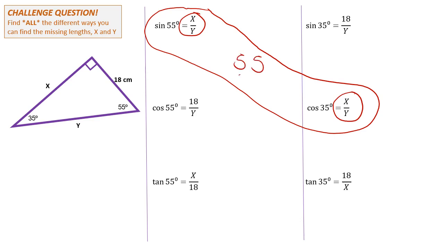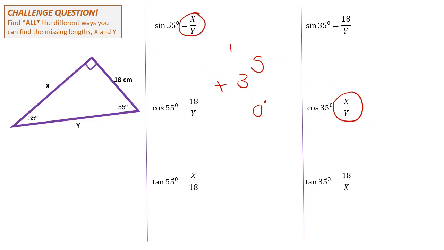And again, I want you to notice that 55 plus 35 equals 90. So I just want you to notice those patterns, and you'll see why, because all of these are going to fall together right now.